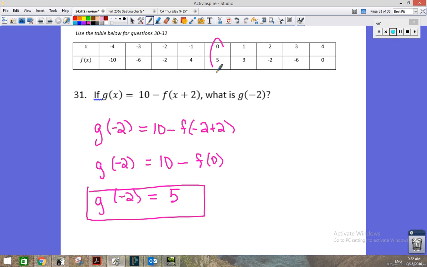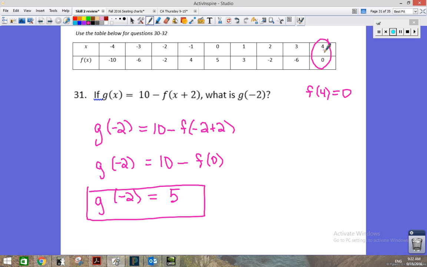This is telling us that f evaluated at 0 is equivalent to 5. That's what all of those points are doing, right? This point over here, we didn't use it, but the information that it's telling us is when you evaluate this function when x is 4, you get 0.